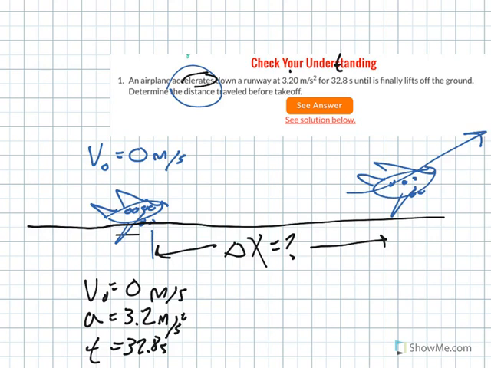I want to do one other thing here that's not strictly necessary for this problem, but it's a good idea to start doing this anyway, and that is establish a coordinate system. For my coordinate system, that's pretty straightforward. This is the origin, that's where the plane starts, and positive is towards the right.